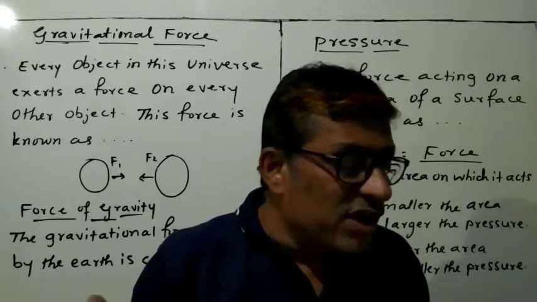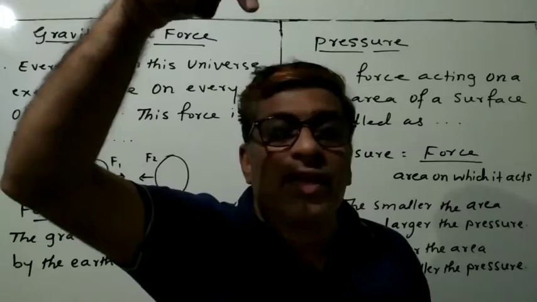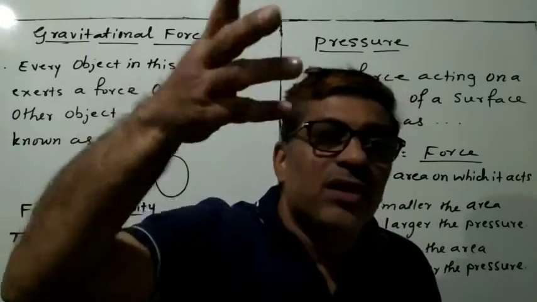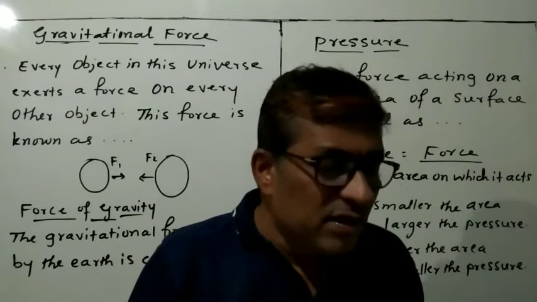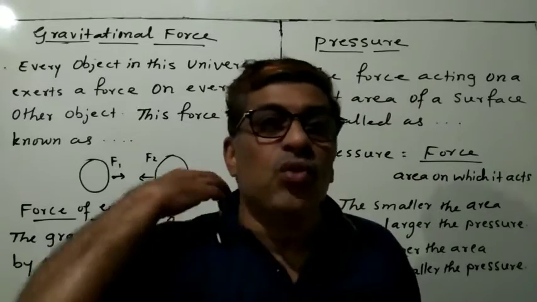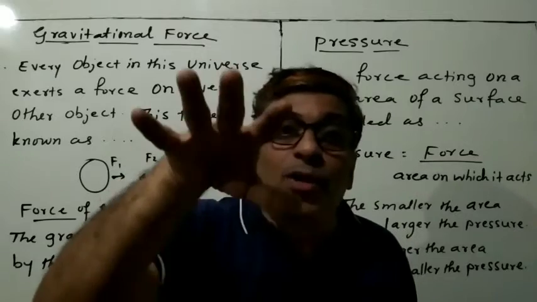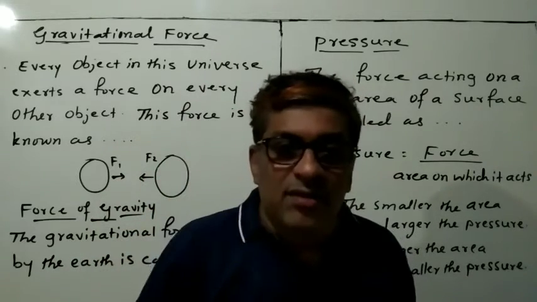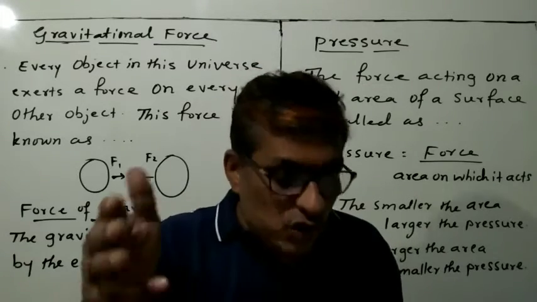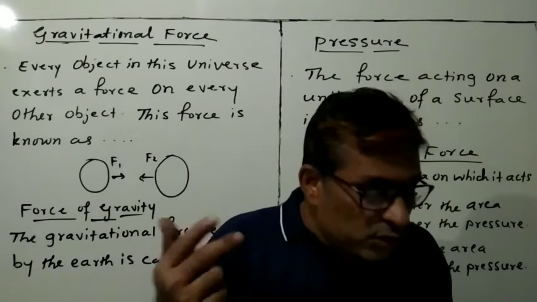Whenever a nail is piercing, the smaller surface area pierces more than the larger surface area. Whenever you wear a school bag, the school belt is kept broad. Why? Because the larger the surface area, the smaller the pressure, so the pressure will be less.